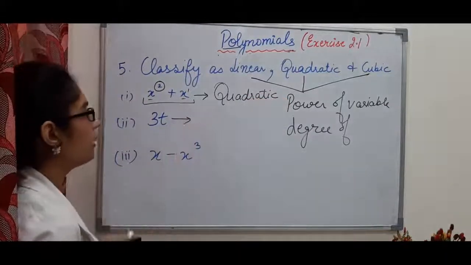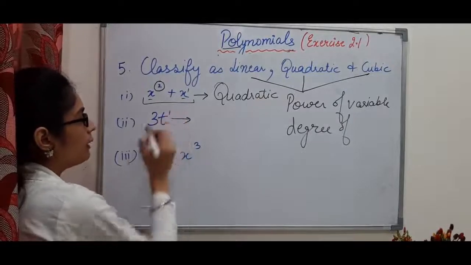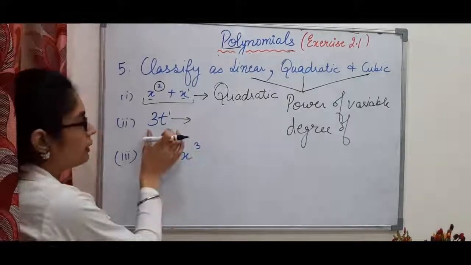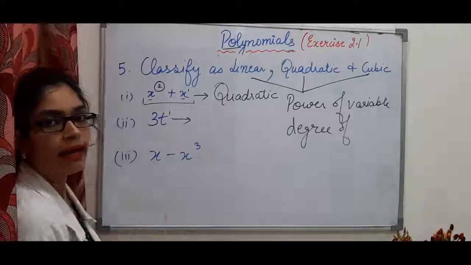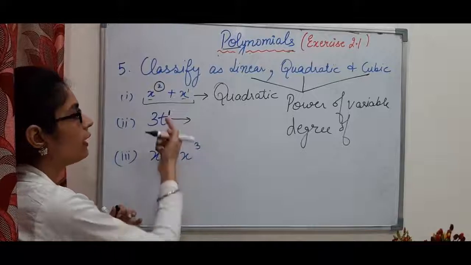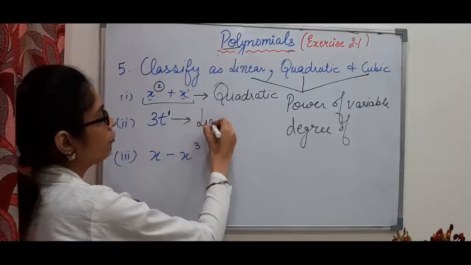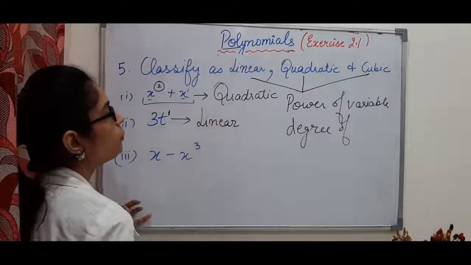Now let's see this one. In this, the variable is t. Only one term is present. This is a monomial, and with only one term you have to see the power of t. It is 1. So the degree of t is 1, which means this is a linear polynomial.